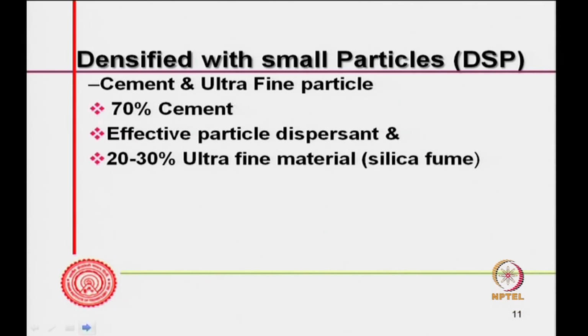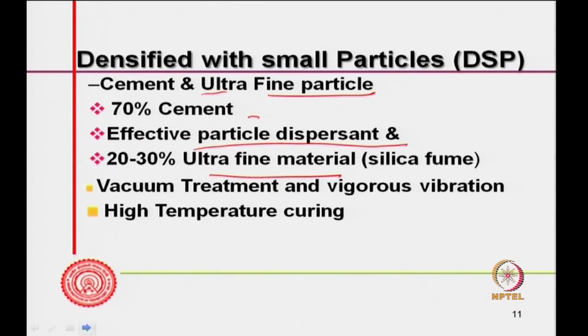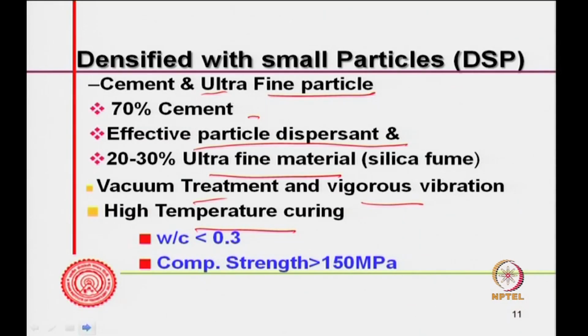The other one is densified with small particles, DSP, which is also cement with ultra fine particles and an effective particle dispersant. The same thing: 20 to 30% ultra fine material, silica fume, and 70% cement, and again give a vacuum treatment and vigorous vibration for dispersion of this particulate system, and then you might do some high temperature curing after mixing, with a very low water-cement ratio of less than 0.3.